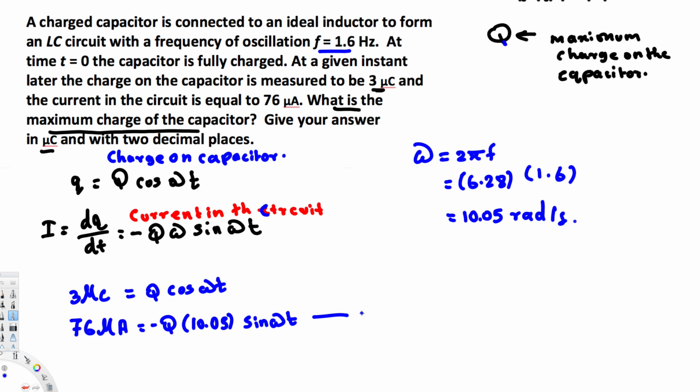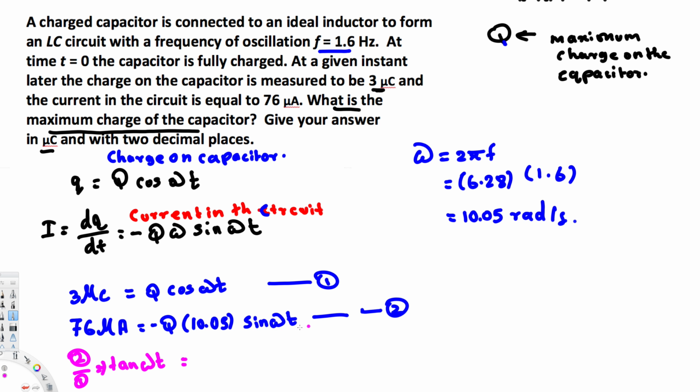Let's say this is equation 1, and this is equation 2. If you divide equation 2 by equation 1, you will get tan omega t, because when you divide sine by cos, that's tan. I'm moving the other things to the other side.